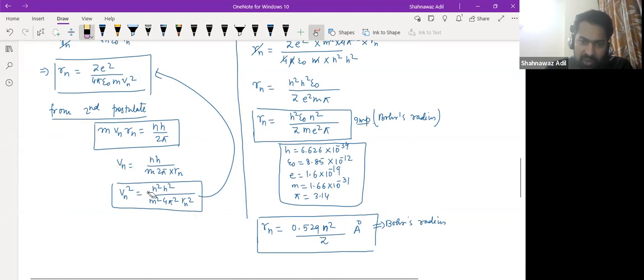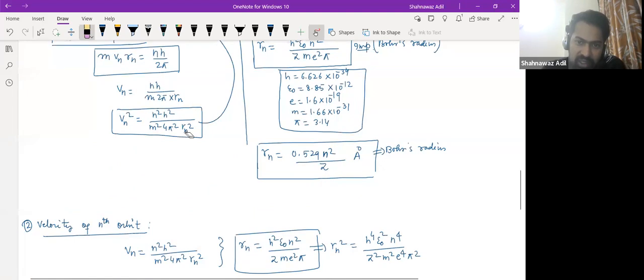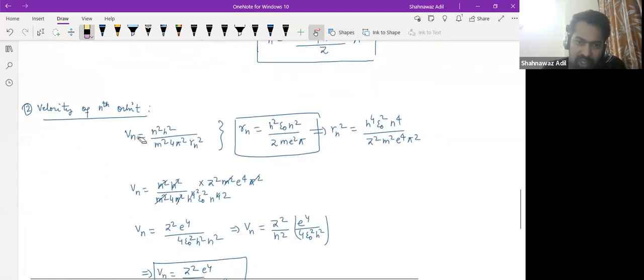So this value we should not put; we have to write this value. Rn we know, and we have to use it. Vn is this, this is Rn square, and this is Vn square, right? So please make some corrections in there. Yes, we have to correct this.